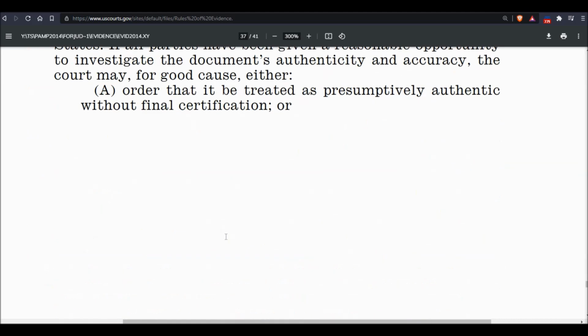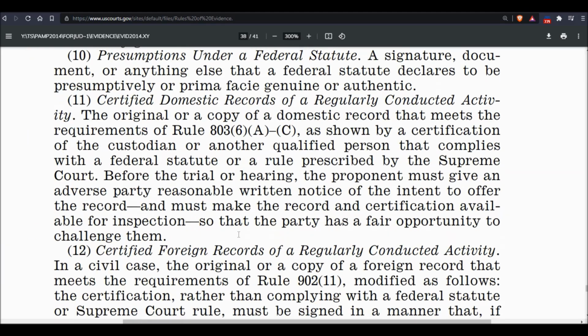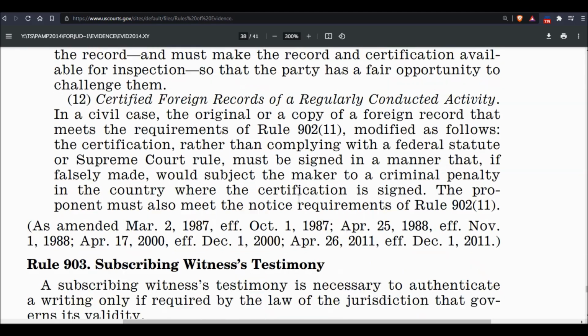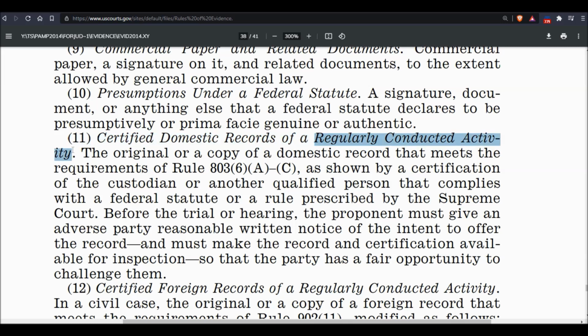Why? Because it is naturally part of the regularly preserved documents during a regularly conducted activity, as shown by certification of the custodian or another qualified person that complies with federal statute or rule prescribed by the Supreme Court.